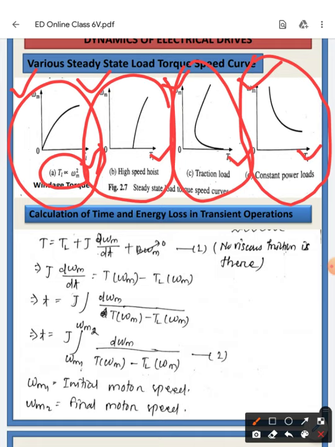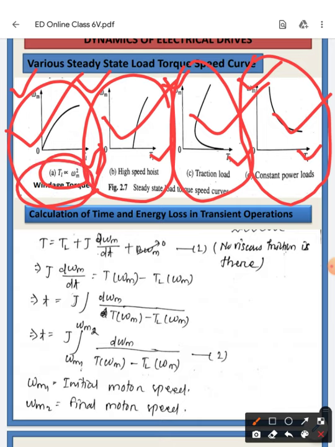Here some basic speed torque curves are shown, and it might come in your exam to draw the speed torque curve due to the Windage torque, or draw the speed torque curve of the high speed hoist drive system, or the traction load system, or the constant power load system.